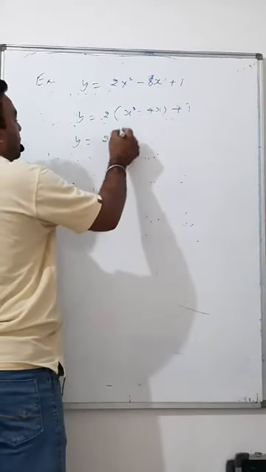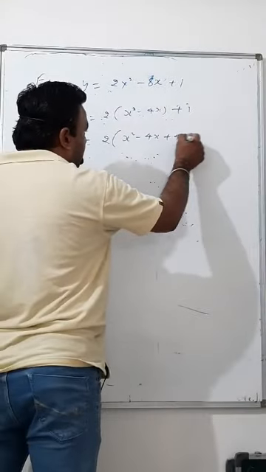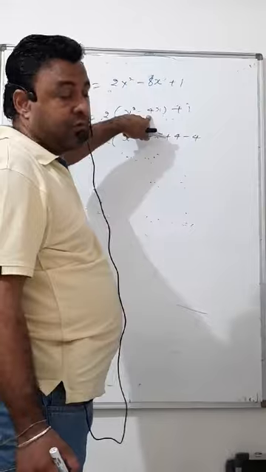y equals 2 times x square minus 2x, plus 1. Adding and subtracting 1 inside the bracket, what I did: 2 by 2 is 1, and the square of 1 is 1.